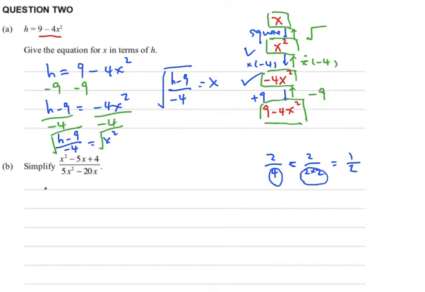So have a look at the top one, x squared. We're going to break that into two brackets multiplied together, x times x, with two numbers that multiply together to equal 4 and add together to equal -5.